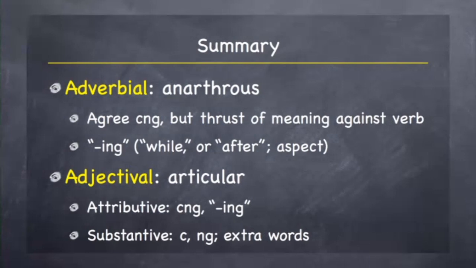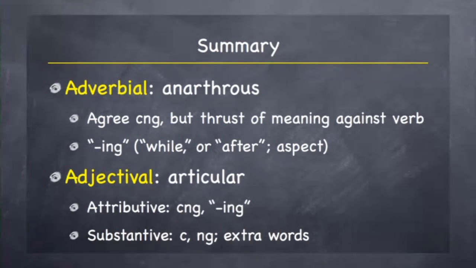And with adverbial participles, you want to try to bring out the aspect of the form if possible. However, there are also adjectival uses of participles. Adjectival participles are usually articular, but as an adjective, they can be functioning in one of two different ways. The adjectival participle can function as an attributive, in which case it's going to agree with the noun it modifies in case, number, and gender, and a simple -ing normally is sufficient to translate these.